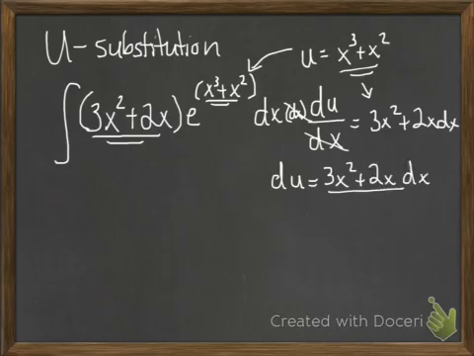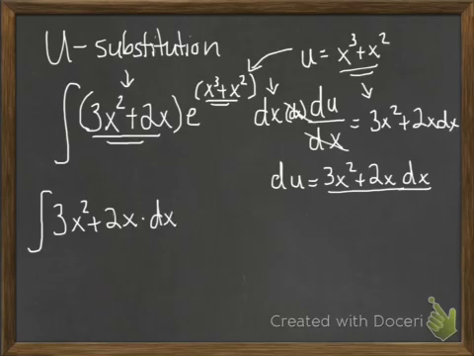And when you look at this here, you can see that it kind of looks like the problem that we started off with, because we have 3x squared plus 2x and the dx here. So if you want, you can actually rewrite the problem as this: 3x squared plus 2x times dx times e to the x third plus x squared.